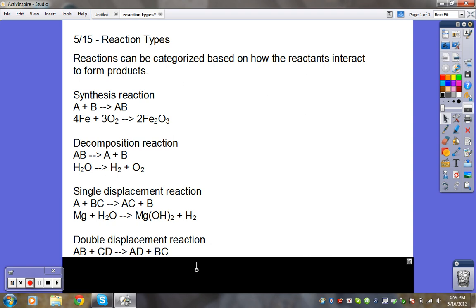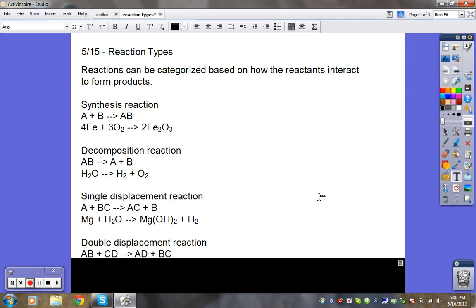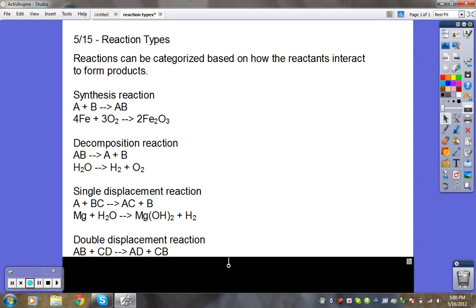So you would have AB plus CD yields AD, and this should actually be, sorry, this is a little bit of a mistake. This should be AD plus CB. There we go. And so the A and C have essentially switched.